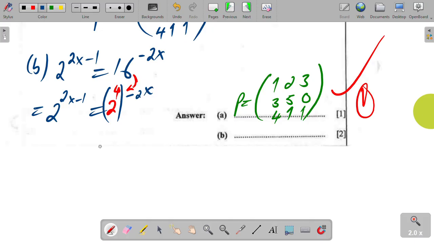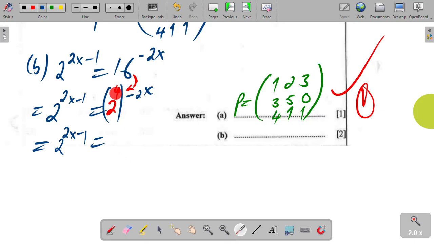Okay, so we continue. 2 to the power 2x minus 1 is equal to, we can multiply now here, negative 2x with the exponent by exponent. Remember, we are using the laws of indices here, so we are multiplying the exponent by the exponent there.